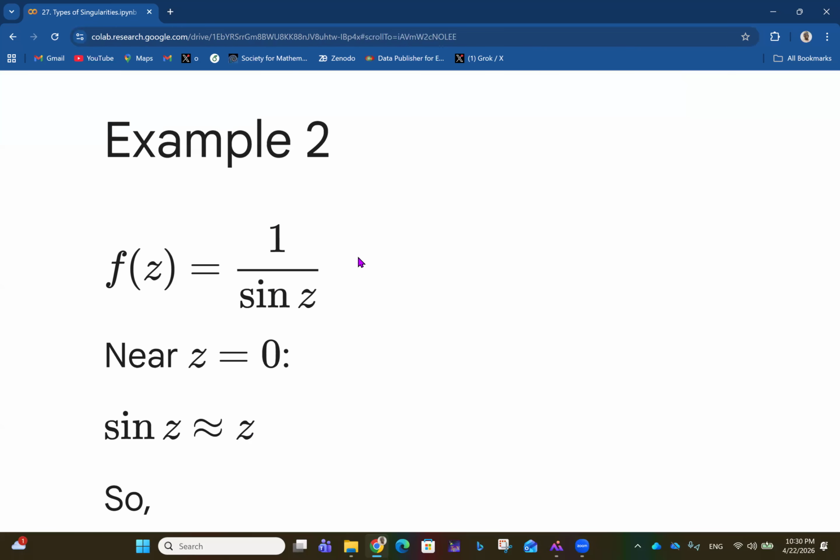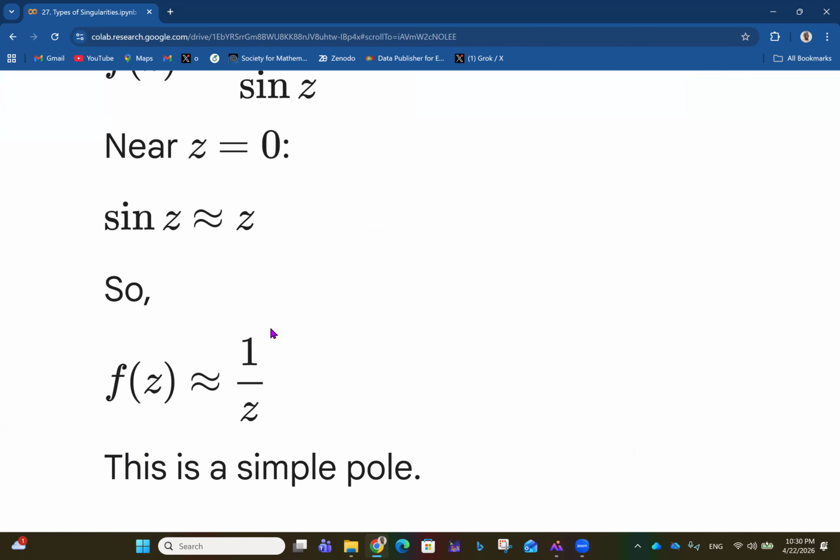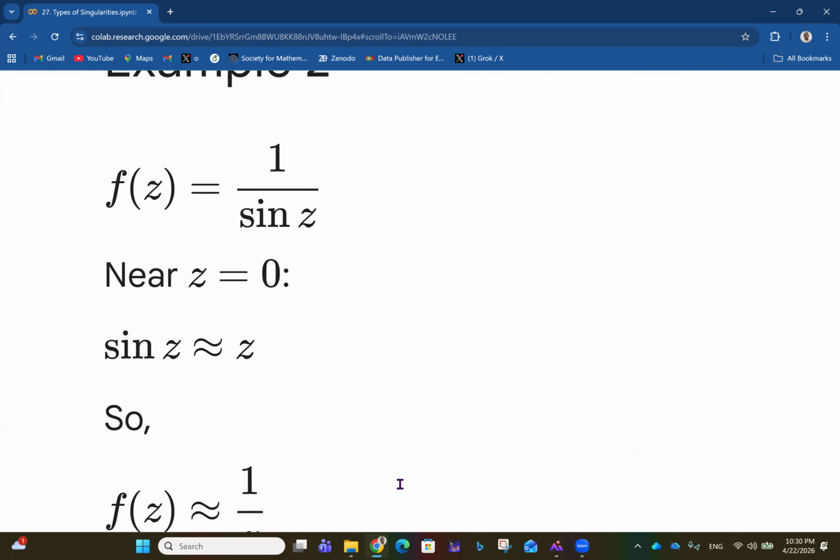So as z approaches 0, sine z also approaches 0. In essence, near z equals 0, sine z is approximately z, so we can say that f of z is approximately 1 over z. This is a simple pole.